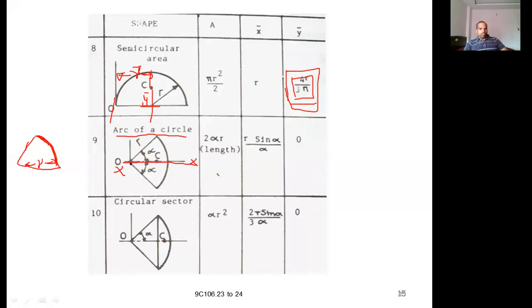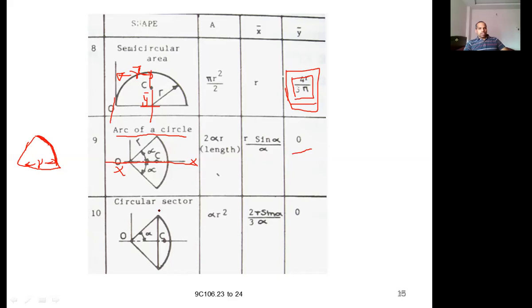It is symmetric, this x axis divides the shape into two parts, and the centroid lies on the line of symmetry. That's why y bar becomes 0.